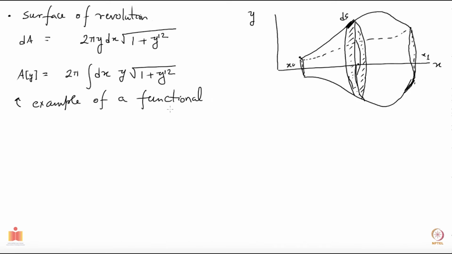I'll give you one more example. Suppose I give you an integral over one variable, dx f of x times some u of x, where I will specify f of x for you. Let's say I fix f of x to be e to the minus x.